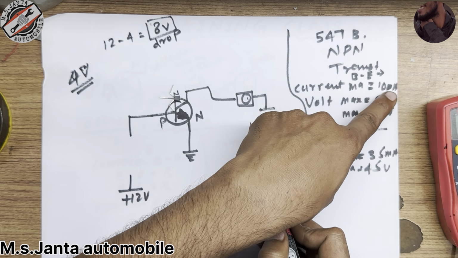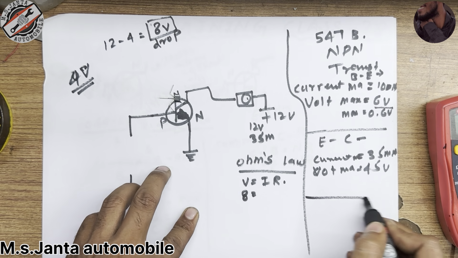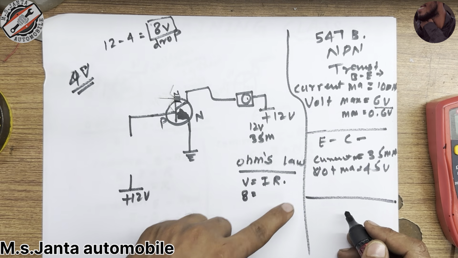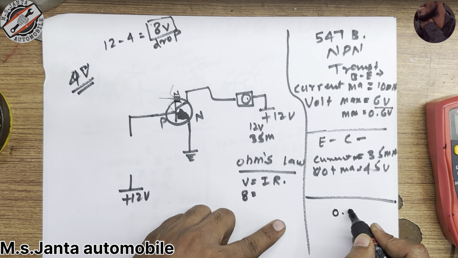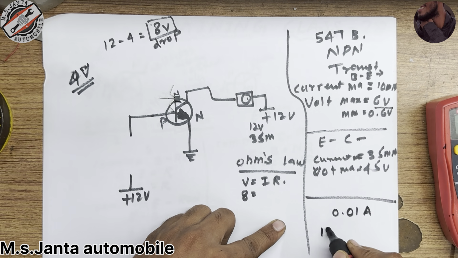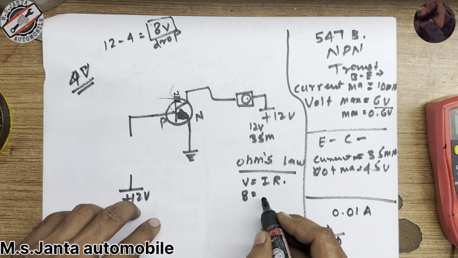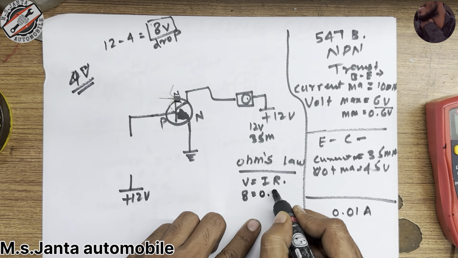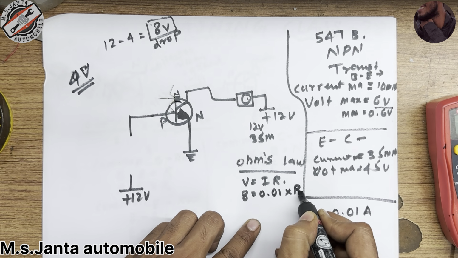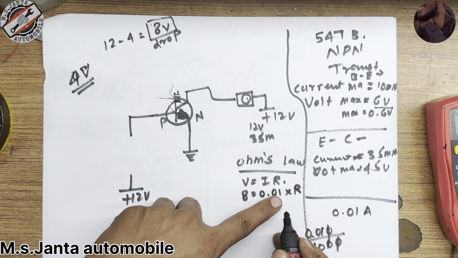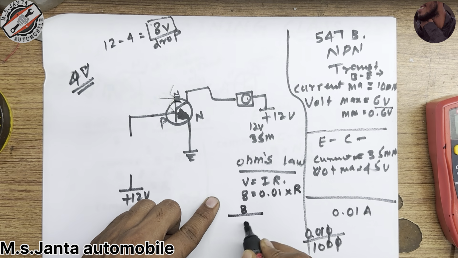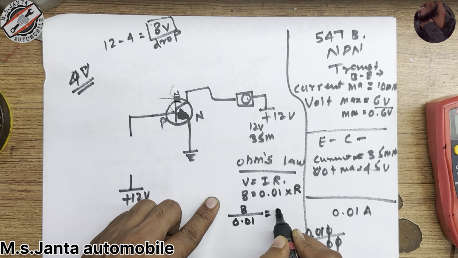If you convert milliampere to ampere, it will be 0.01 ampere, because you divide the 10 milliampere by 1000. Okay, so we will put 0.01 into R, and now we will divide it. So 8 divided by 0.01 is equal to R.